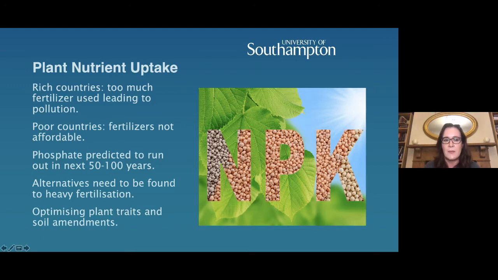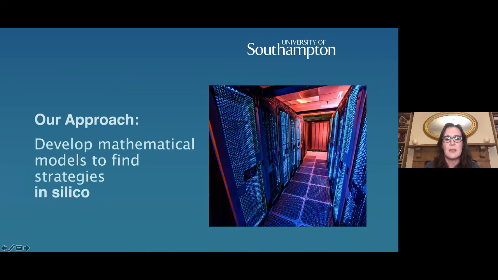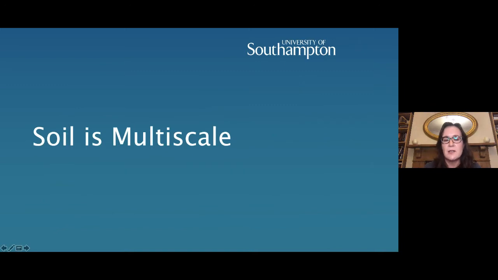So our approach in Southampton has been to develop mathematical models to be able to find these strategies in silico, in the computer, because you can appreciate the field trials using crops are very expensive and very time consuming, and having fully scientifically based models available to guide the field trial design really makes a step change in their efficacy. But what is the challenge in modeling anything to do with soil?